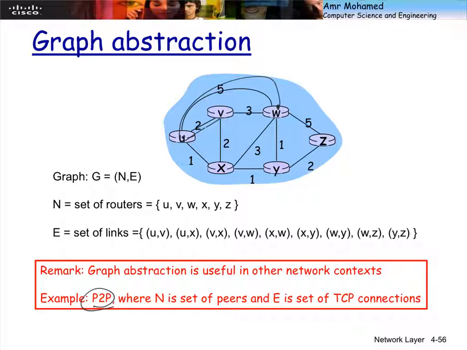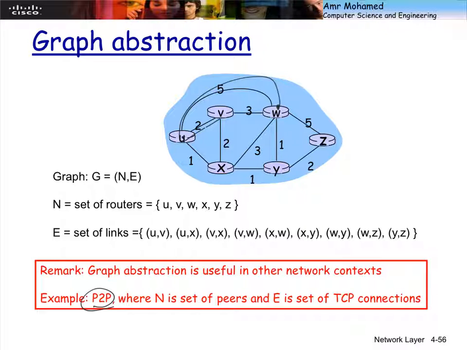Or TCP connections. We have a big internet, and we have TCP sessions which are established between a group of nodes. Again, regardless of the underlying network topology, whether it's wireless, we don't care about this. We just need to study the end-to-end sessions of TCP between different nodes on the internet as a graph.